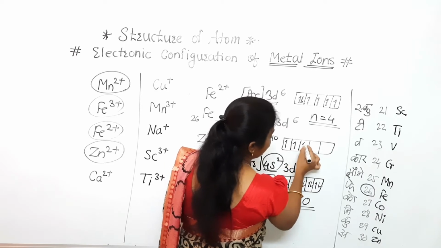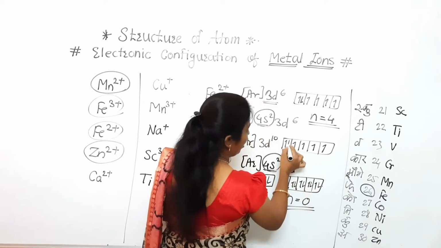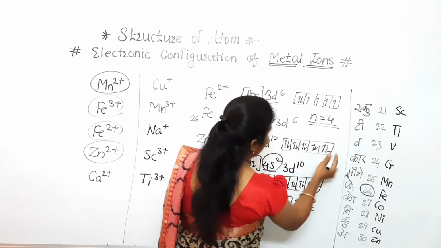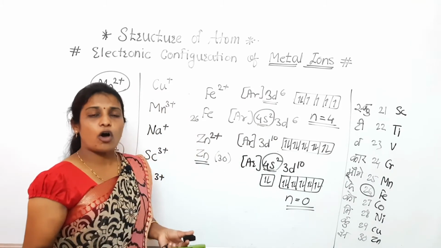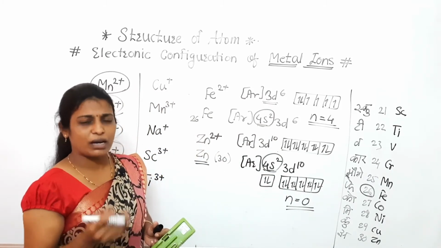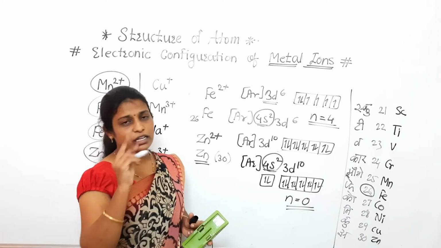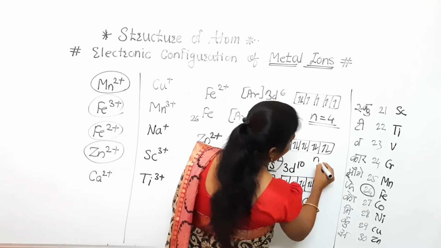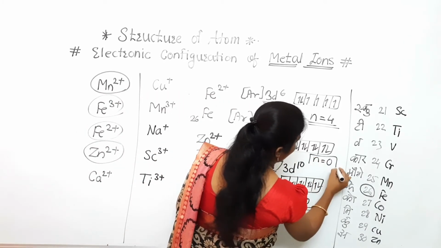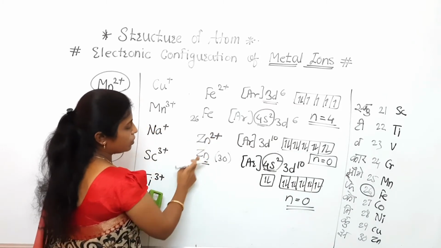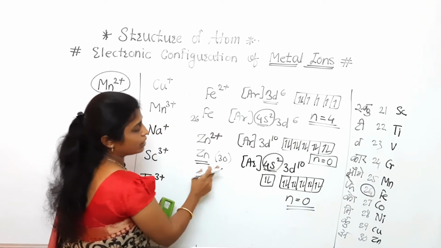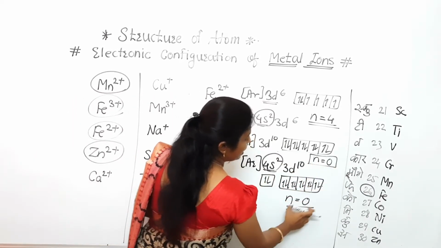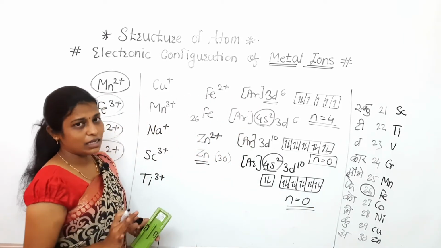After that each one will carry a single electron, and after that it will start pairing. But because of 10 electrons, all boxes are completely filled. Completely filled means each one is carrying 2 electrons. So number of unpaired electrons is 0. So here Zn2+ as well as Zn both are containing number of unpaired electrons, that is the 0.